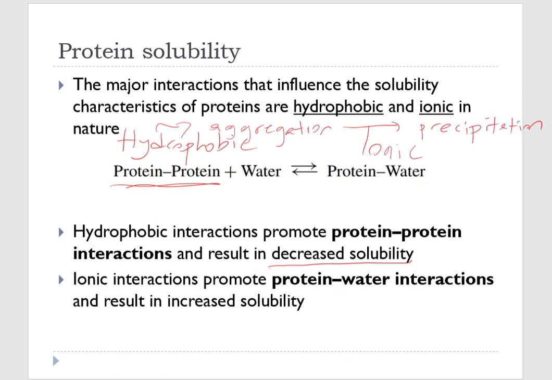Because solubility decreases. On the other hand, ionic interactions promote protein-water interactions and result in increased solubility. So these ionic interactions are also called electrostatic interactions.